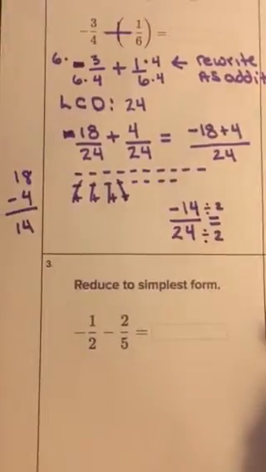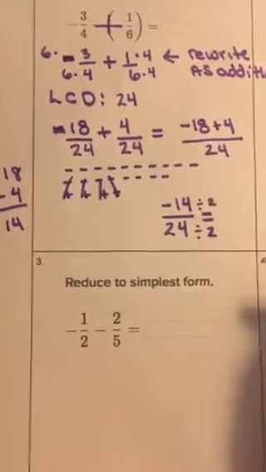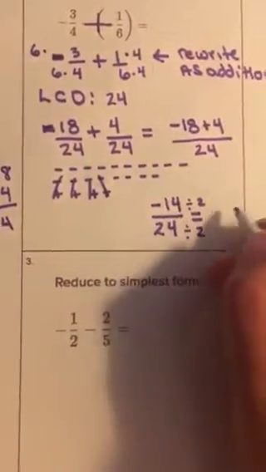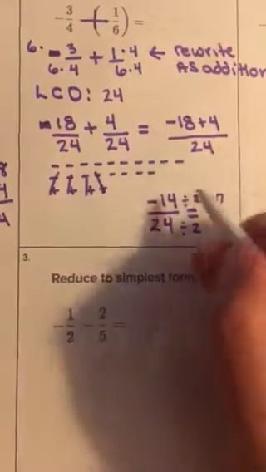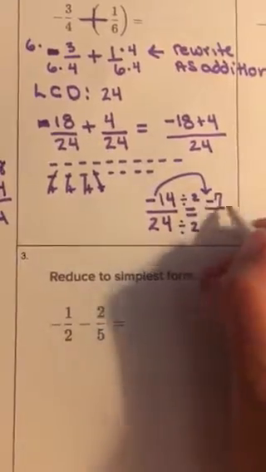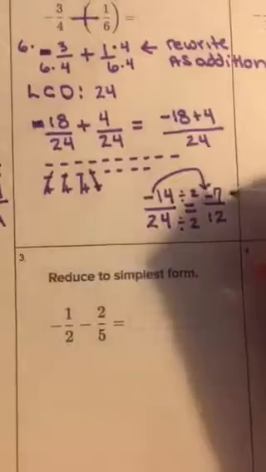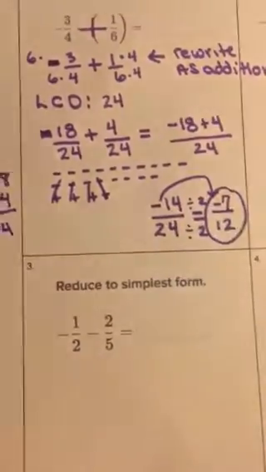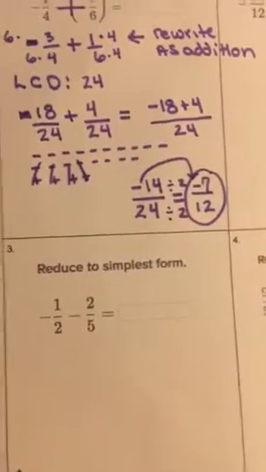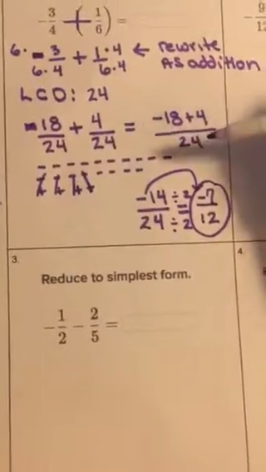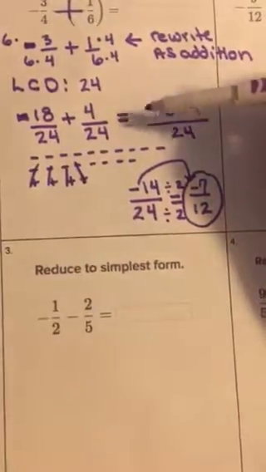I know that 14 and 24 are both divisible by 2. So half of 14 is 7, and don't forget it is negative, and half of 24 is 12. I can't make it any smaller than that, so I'm going to stop there. Negative 7/12.